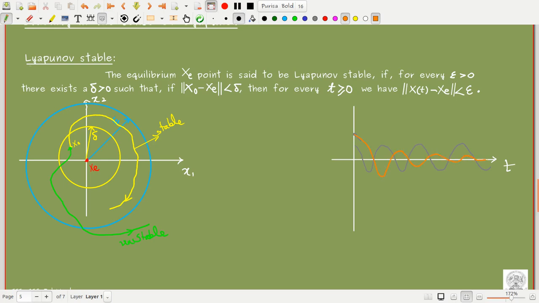These plots say that the system is converging to the equilibrium point. Here the gray plot says that an oscillatory response is there for this kind of system. Now I am going to give you some epsilon path here. This is the epsilon ball I am going to give you.